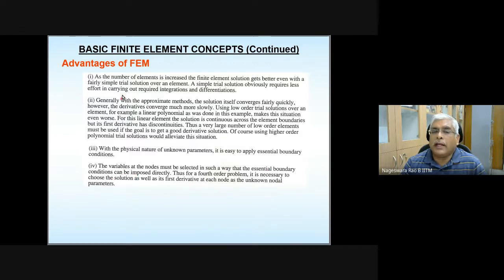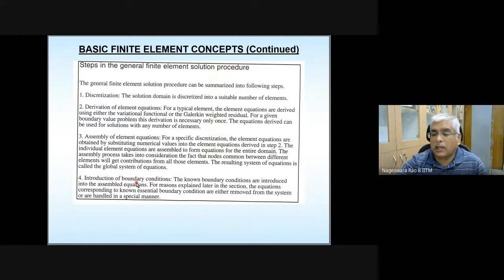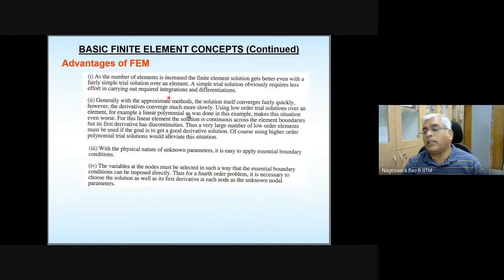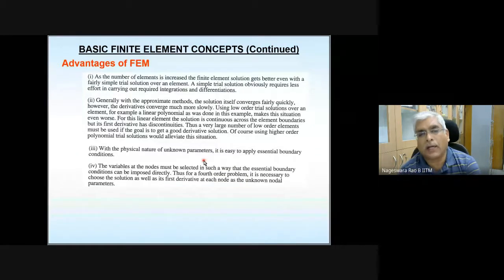Any questions here? 1, 2, 3, 4. And one more point is that these are the 4 advantages that the finite element method has over classical approximate solution techniques. Any questions here?